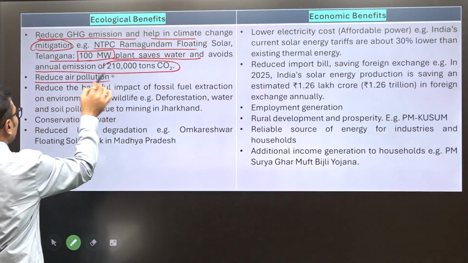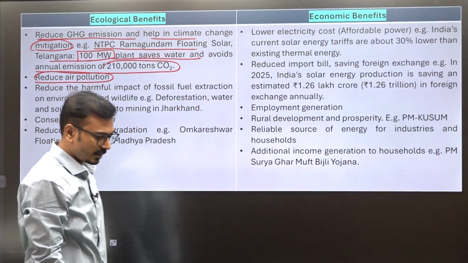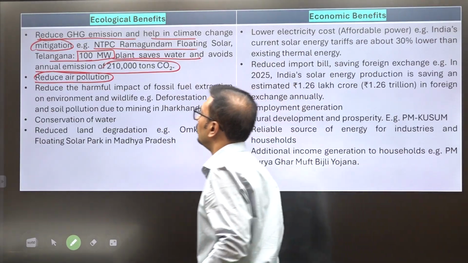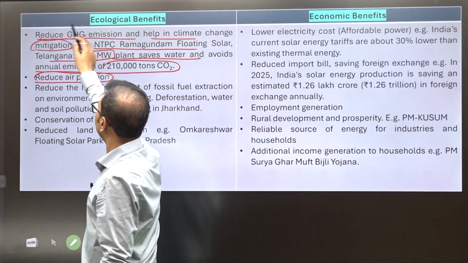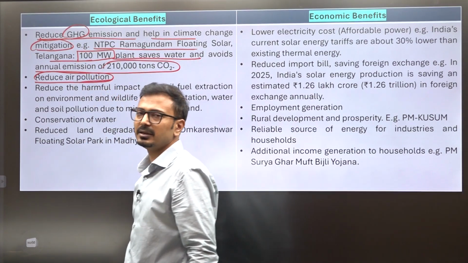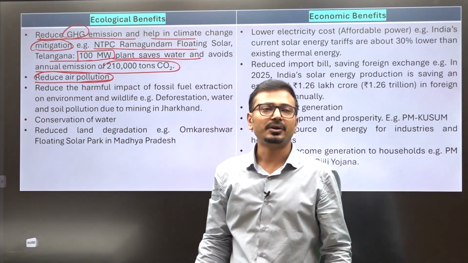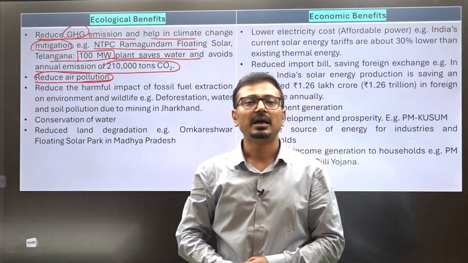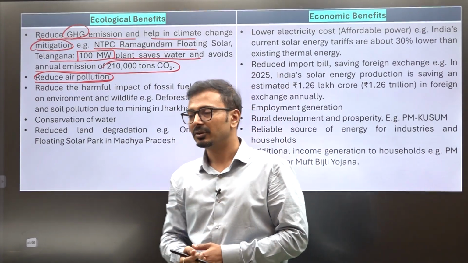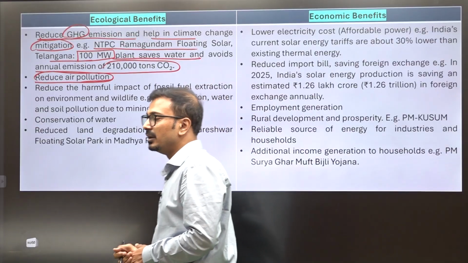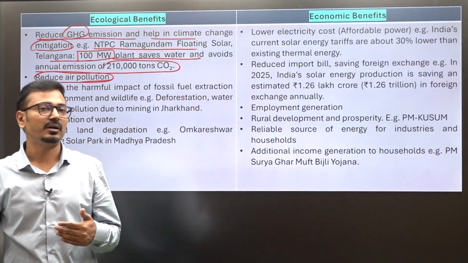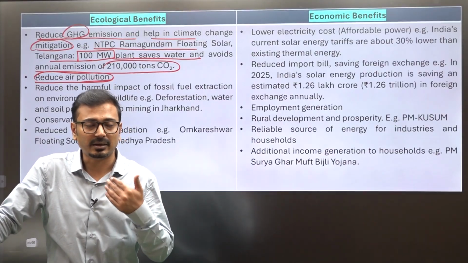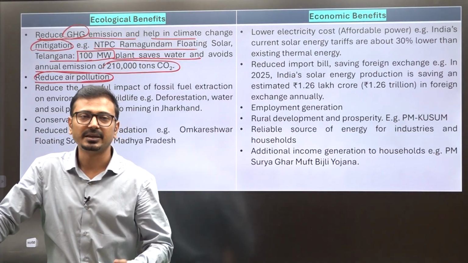Second, reduce air pollution. Of course, the coal-fired thermal power plants are emitting a lot of pollutants as well as greenhouse gases. So that is resulting in a lot of reduction in the quality of human life. Respiratory diseases and increased morbidity because of air pollution in the country. You may remember the recent global health quality life index that has been released, right?